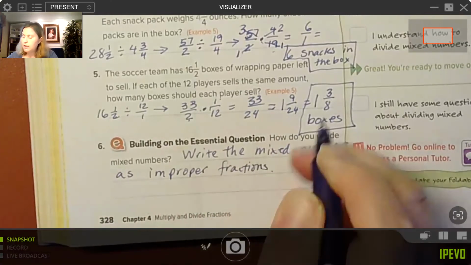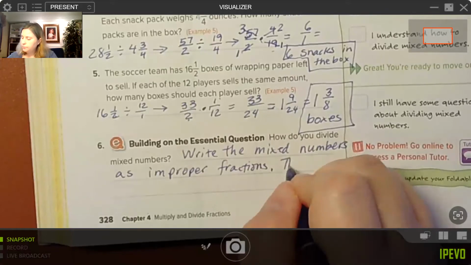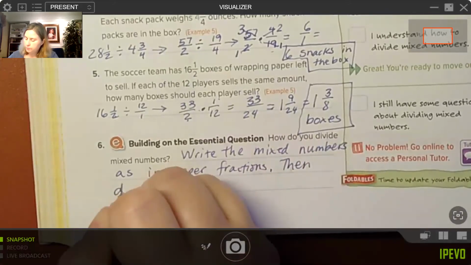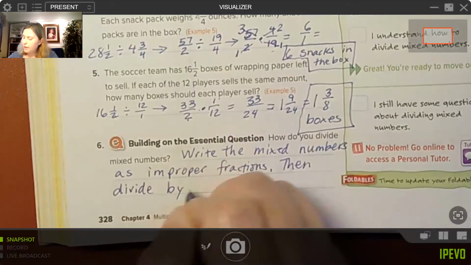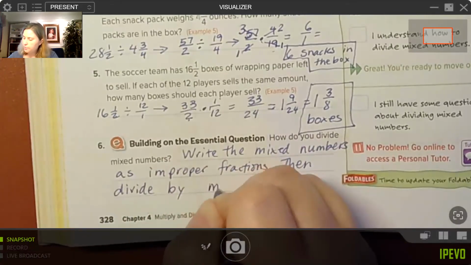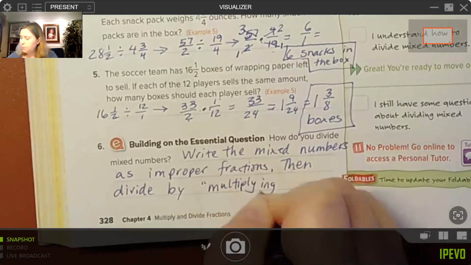And then divide using the same process for dividing fractions. So divide by multiplying by the reciprocal.